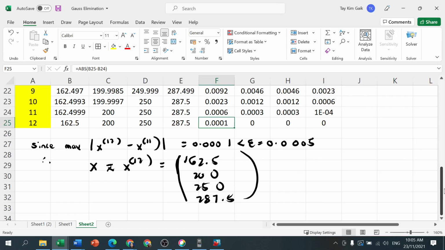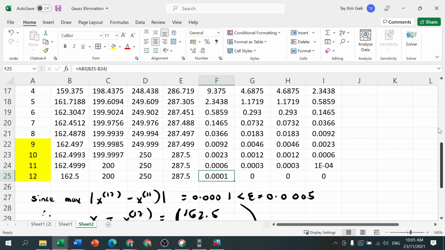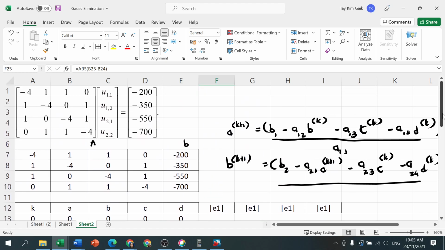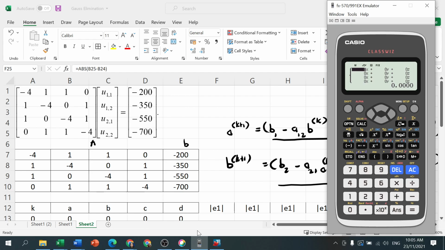You can always check using the scientific calculator. So you key in -4, 1, 1, 0, -200.